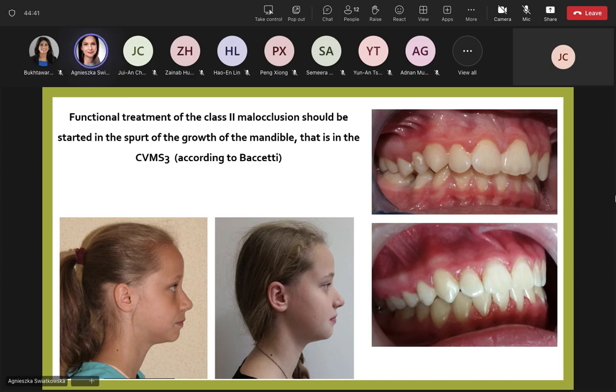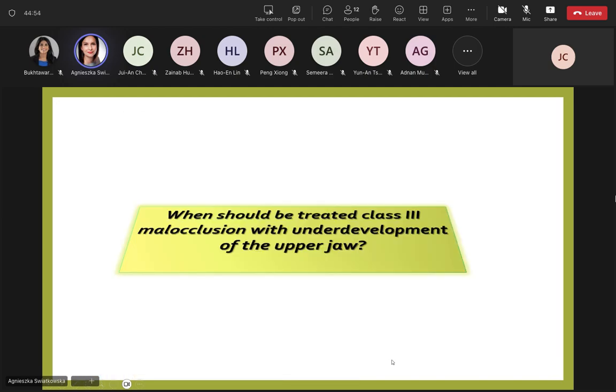Here we can see the patient with her profile before and after functional treatment, and here her occlusion. Of course, this patient needs not only functional treatment with a removable appliance, but it's the first step of treatment. The next step is treatment with braces. So we should use fixed appliance with braces to make correction of the teeth.